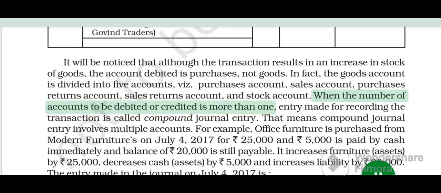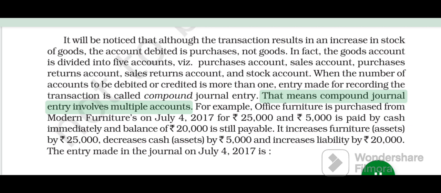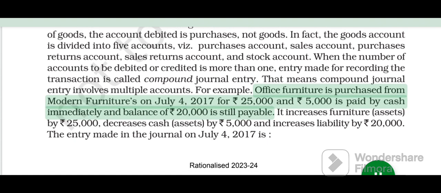When the number of accounts to be debited or credited is more than one, the entry made for recording the transaction is called a compound journal entry. That means a compound journal entry involves multiple accounts. For example, office furniture is purchased from Modern Furnitures on July 4, 2017 for Rs. 25,000 and Rs. 5,000 is paid by cash immediately and the balance of Rs. 20,000 is still payable.